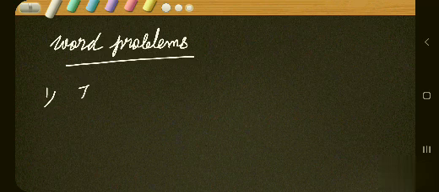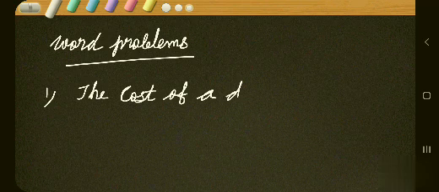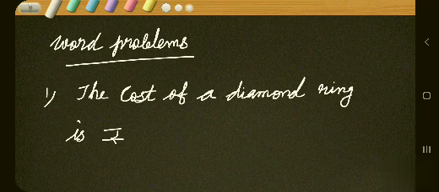Okay, word problems. First question. The cost of a diamond ring is very costly, isn't it? The cost of a diamond ring is rupees 11 lakh 47,315.